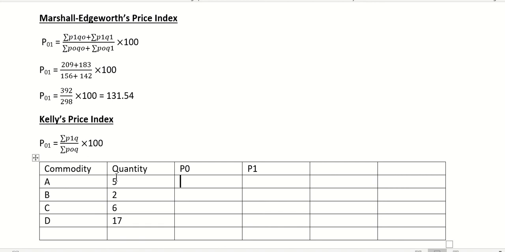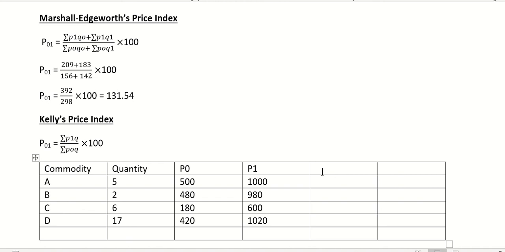And P0 base year's price is 500, 480, then we have 180 and 420. This is base year's price, and current year's prices are 1000, 980, 600 and 1020. So quantity is only one. There are no two quantities given to you like Q1 or Q0. Only one Q is given to you.